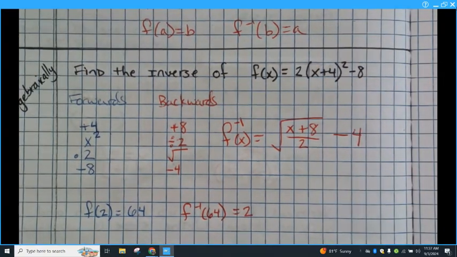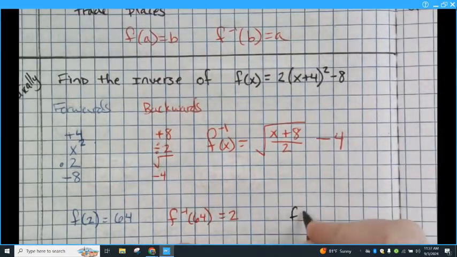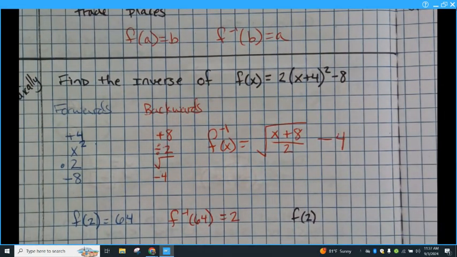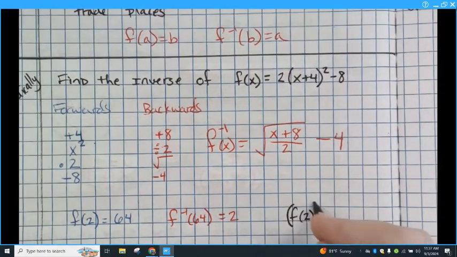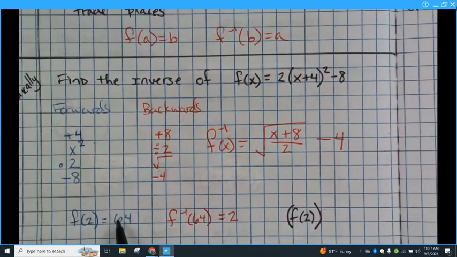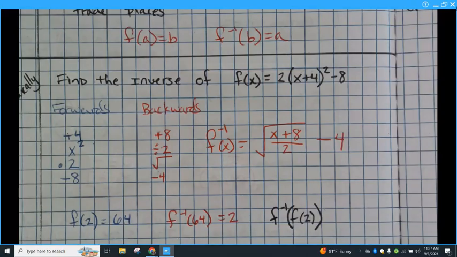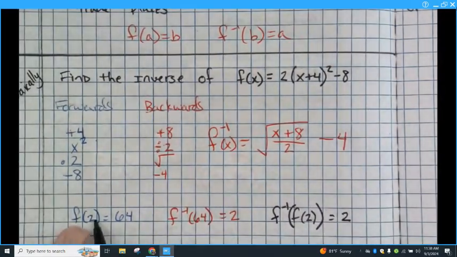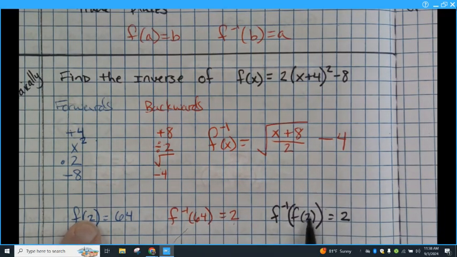Now the math way of writing that is if I plug in 2 into my original function, and then I take this answer and plug that answer, because f of 2 is 64, if I plug that answer into its inverse function, I get the answer 2 out. So we started by plugging in 2, put it into the function, put it into the inverse function, and ended back at 2. So we started at 2, we ended at 2.